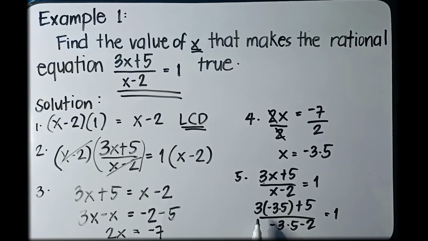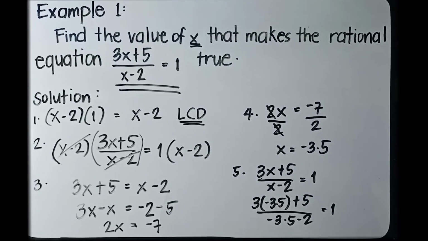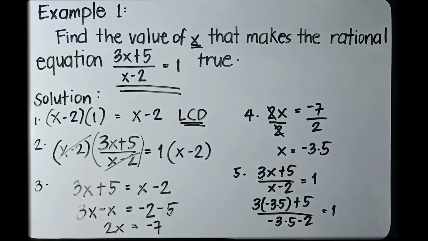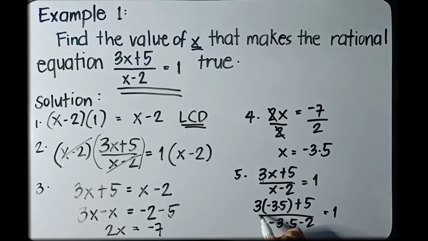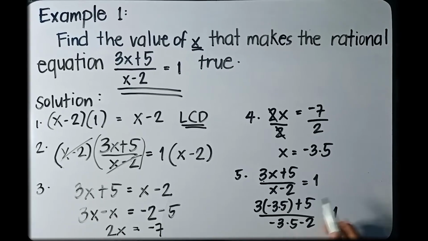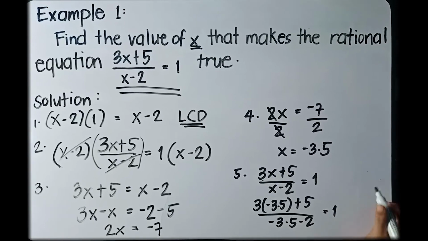So 3 times negative 3.5, we have negative 10.5. So we have negative 10.5 plus 5, that is negative 5.5.